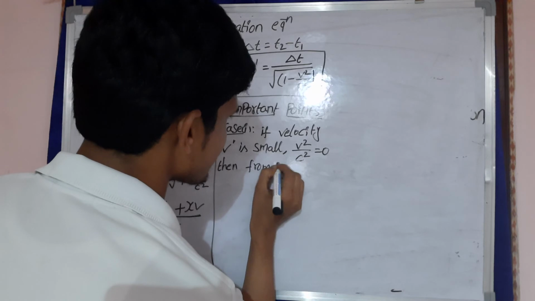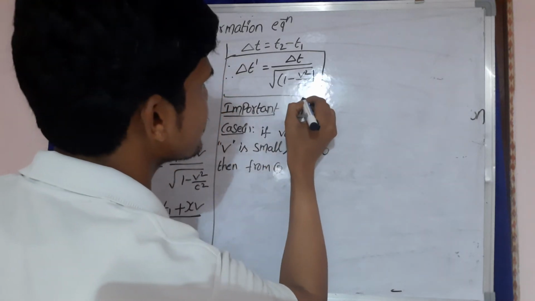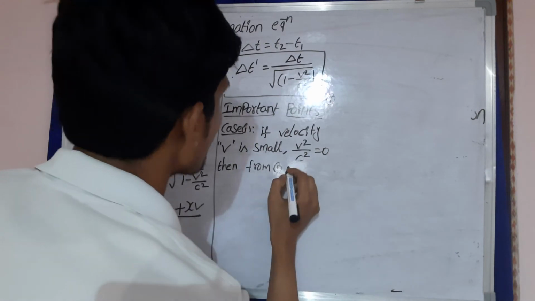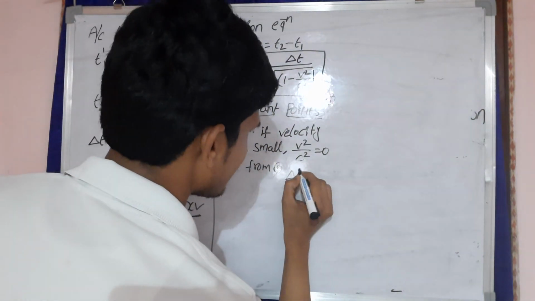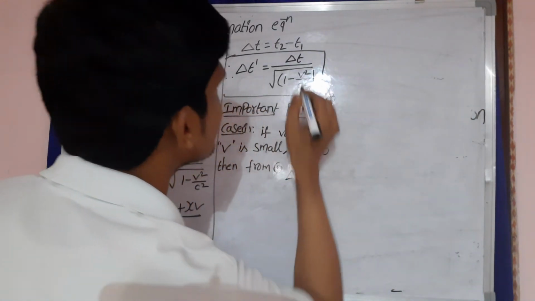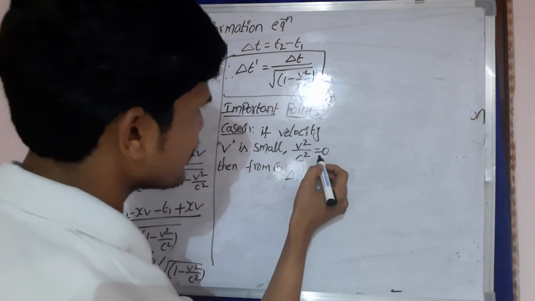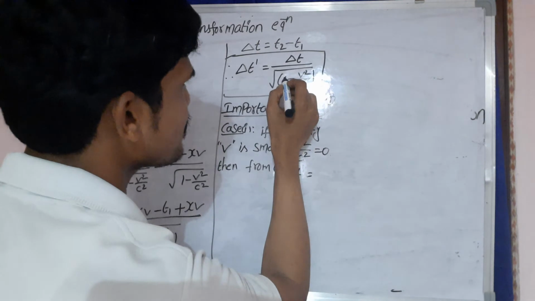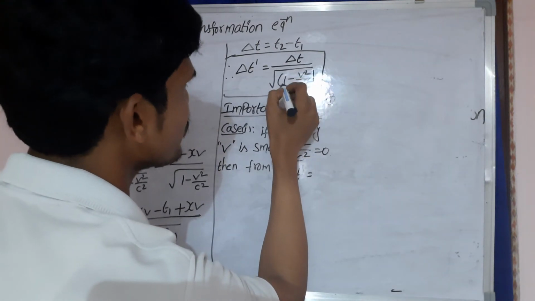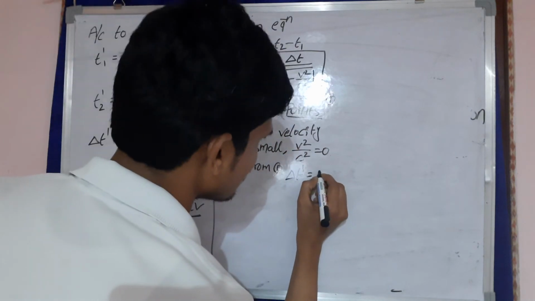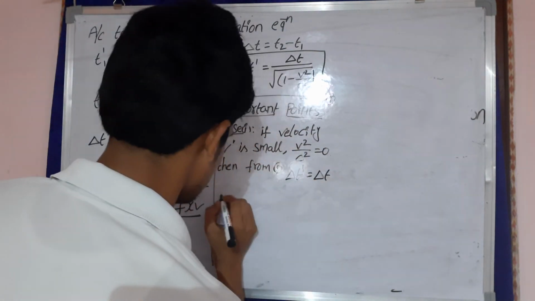From equation 1, delta t dash equals delta t by root over 1 minus 0, that is root 1, which is 1. So delta t dash equals delta t.